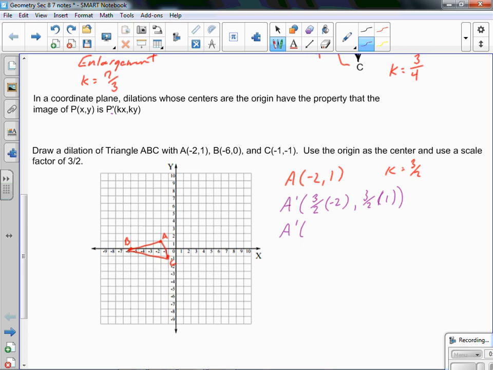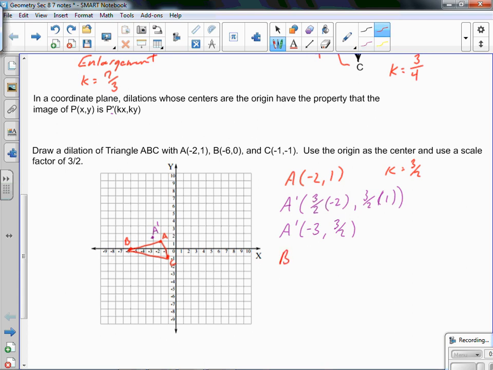So A prime, once we multiply that through, 3/2 times -2 would be -6/2, or it would be -3. 3/2 times 1 would just be 3/2, or 1 1/2. So our new A point, or our A prime, is at -3, 3/2, so up 1 and 1/2. There's A prime.